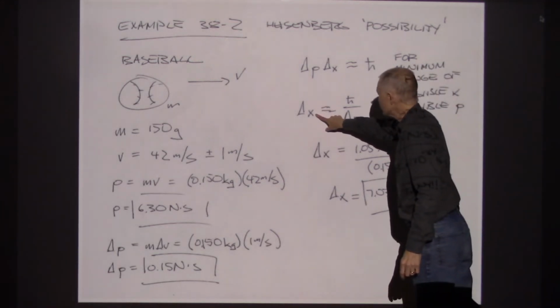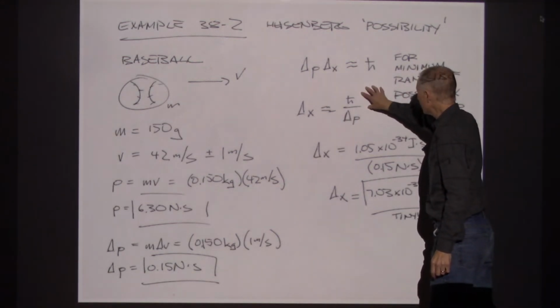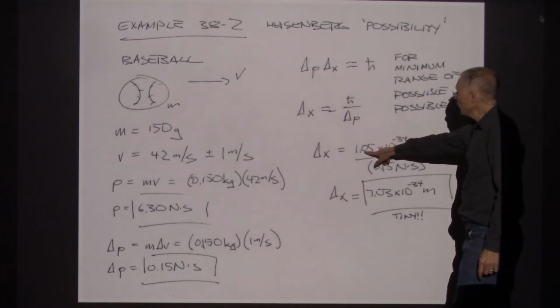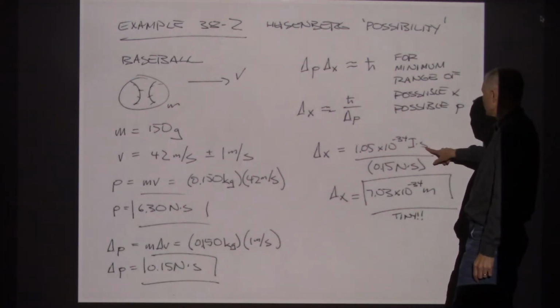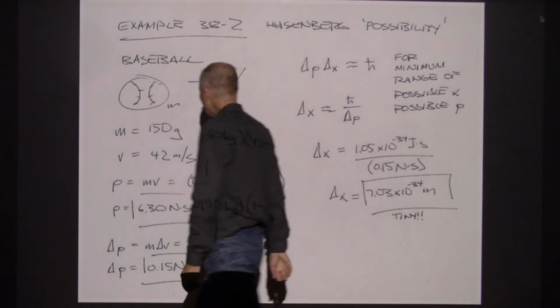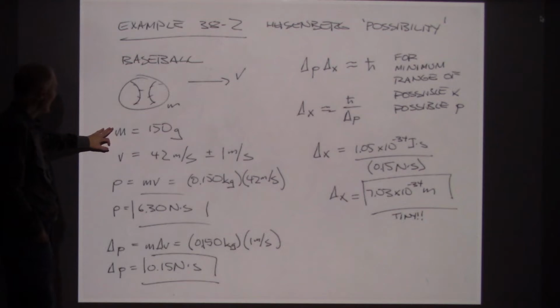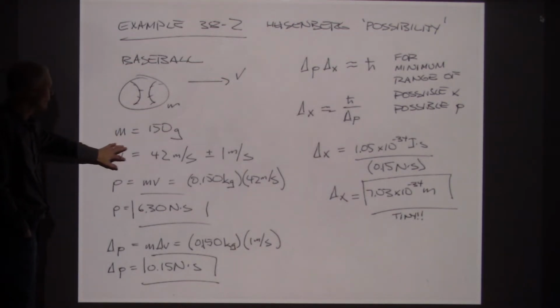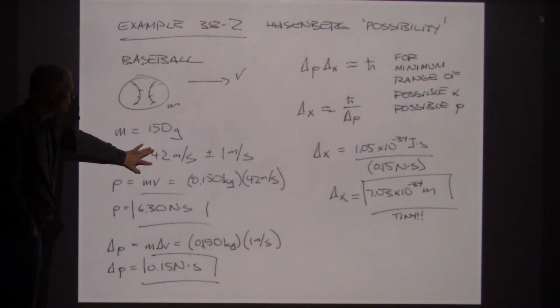If I solve for delta x, then I'm looking for h bar over delta p. H bar is given by 1.055 times 10 to the minus 34 joule seconds. I just need to find out the range of momentum. Now, the mass of the baseball is given as 150 grams. The velocity is 42 meters per second.